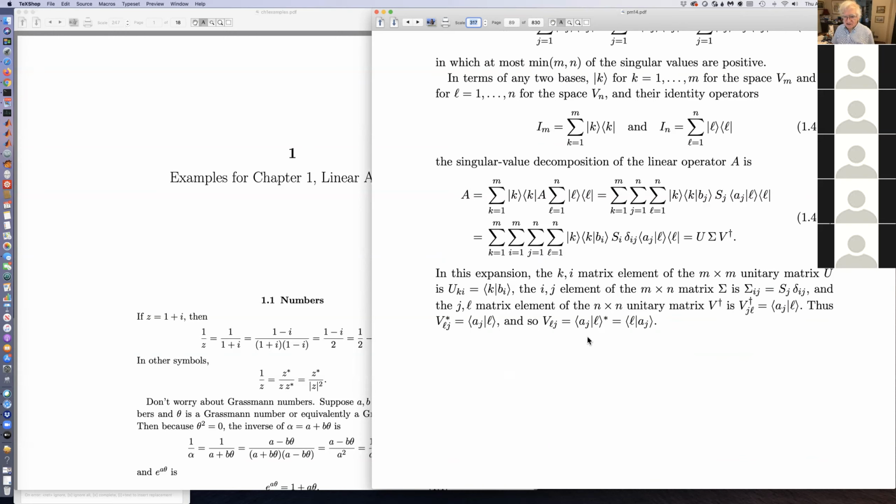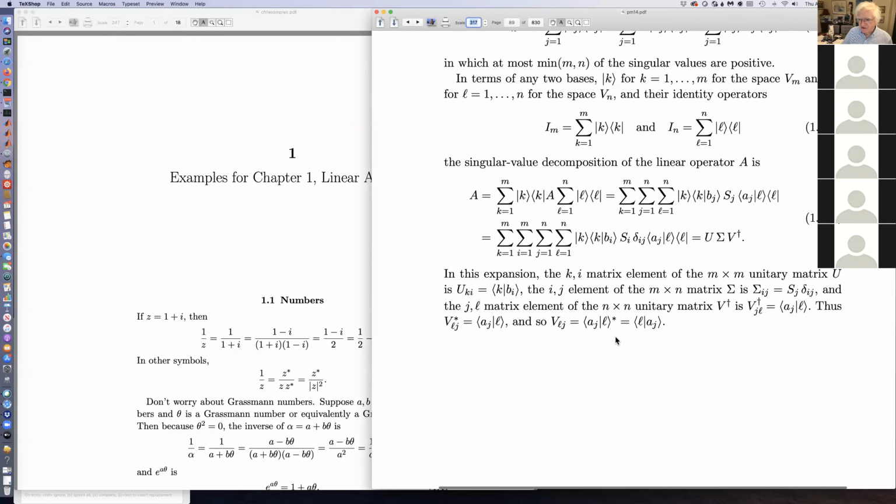And if we now complex conjugate both sides, we get V_lj is A_jl star, and that, of course, is the inner product of l with Aj. So this thing makes a lot of sense, namely that V_lj is the special ket in the domain space in a product with a particular vector, with any old vector representing an orthonormal basis in the domain space.